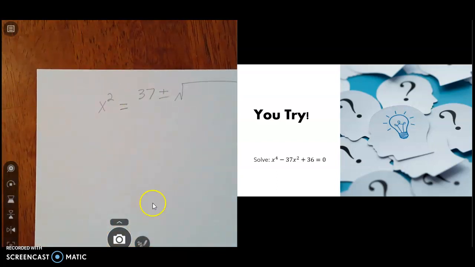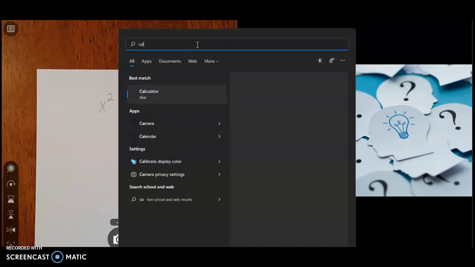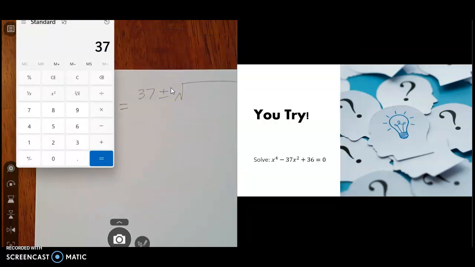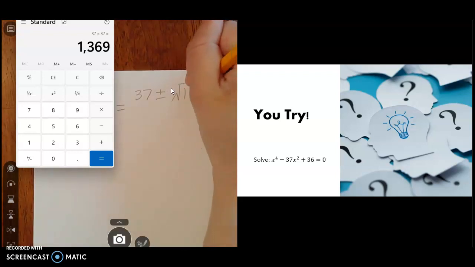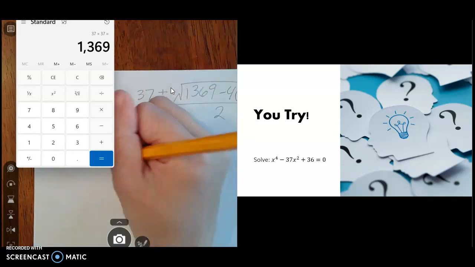So we'd need to do 37 squared. Let me pull up a calculator real quick because I do not feel like doing that by hand. And 37 times 37 is 1,369. We'll do a minus 4 times a, which is 1, times c, which is a positive 36. All over 2a, so 2 times 1 is 2.